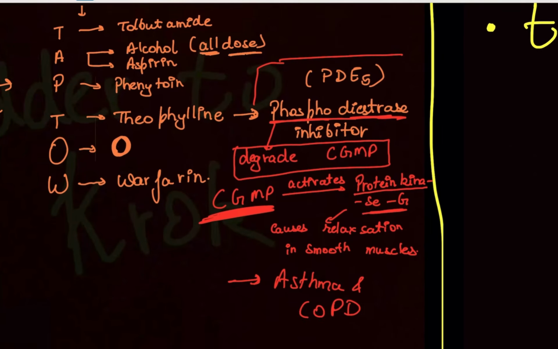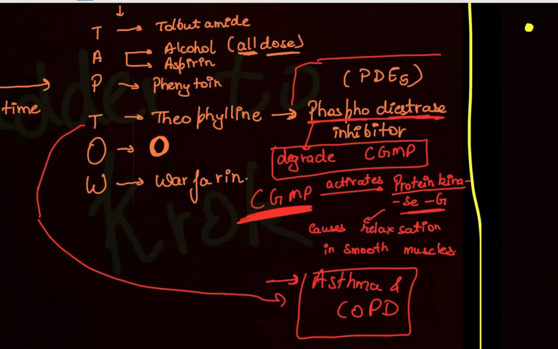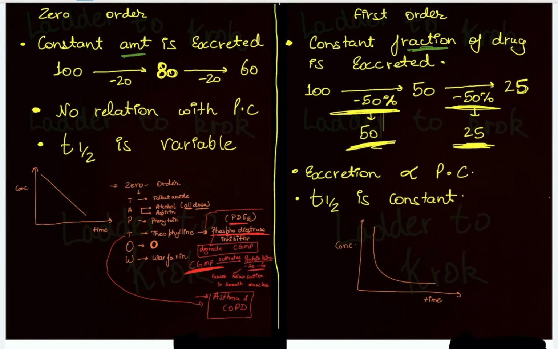You already studied this in physiology. They inhibit phosphodiesterase, because of which cGMP increases and it activates protein kinase G. That's all for this part. Thank you.